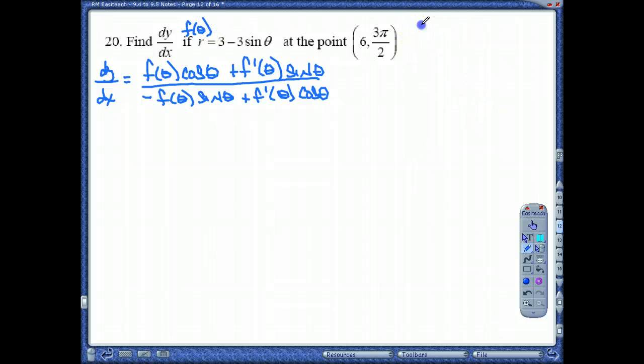So when I want to find f prime, well, the derivative of 3 is 0. The derivative of negative 3 sine is negative 3 cosine.